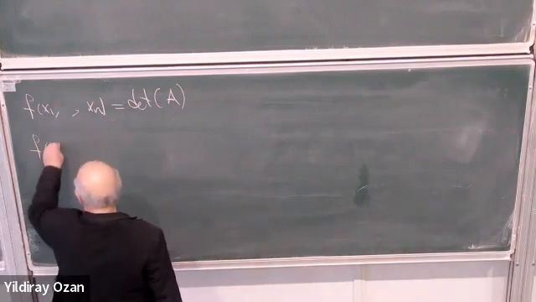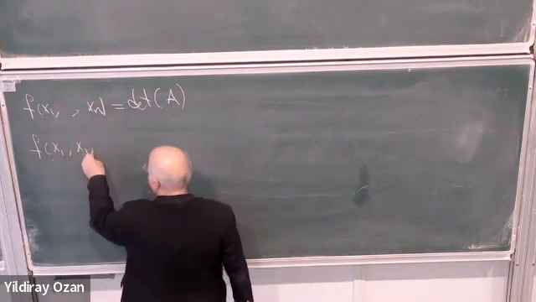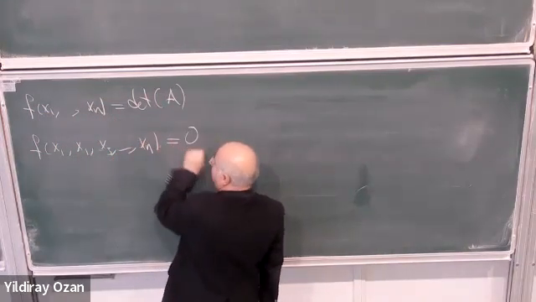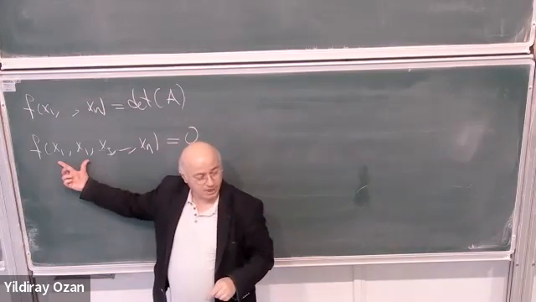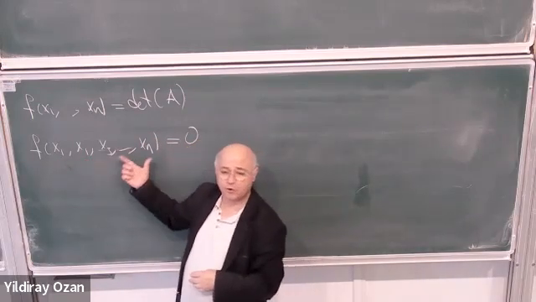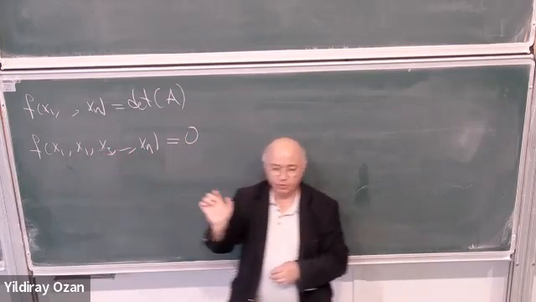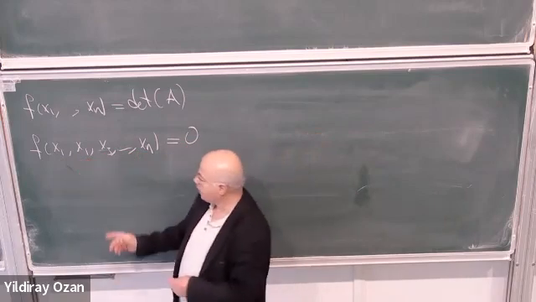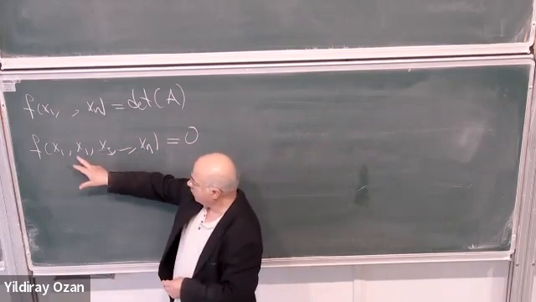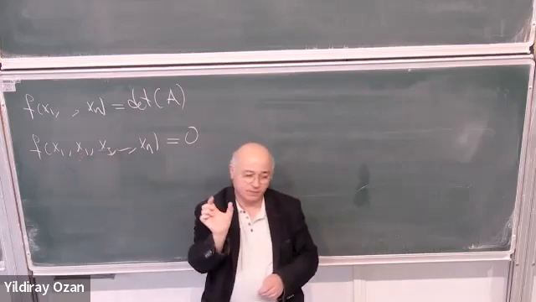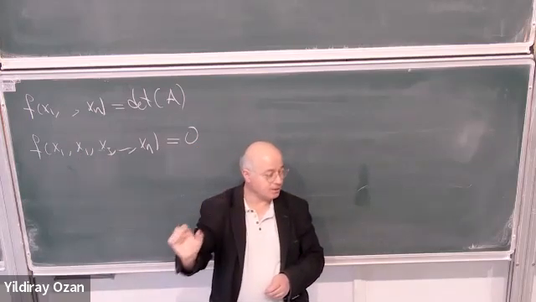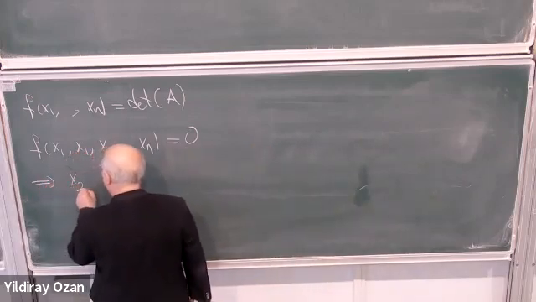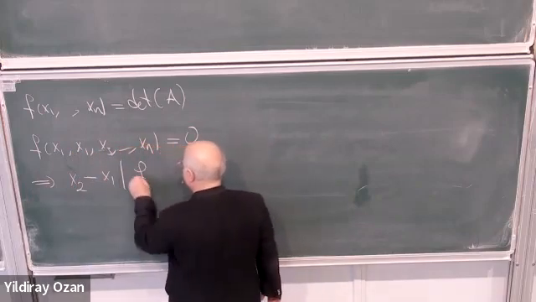I know that if I write, for example, x1 equal to x2, then this is identically 0. Actually, it is true for any two variables. If two variables are the same, it is 0. This means the following: this polynomial has the factor x2 minus x1 in it. So this implies x2 minus x1 divides this polynomial.